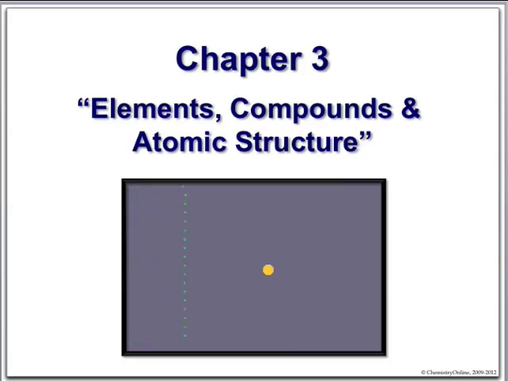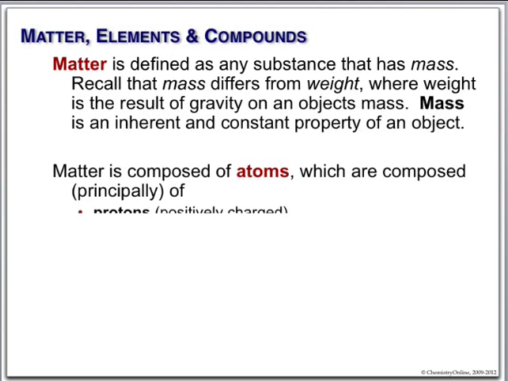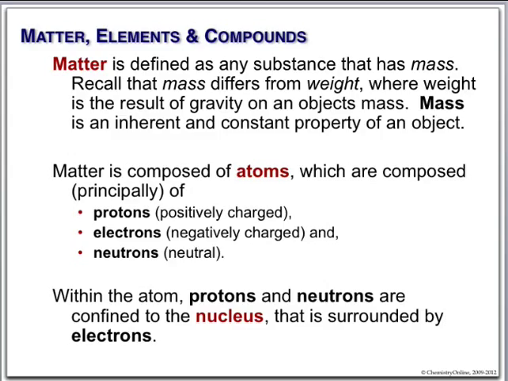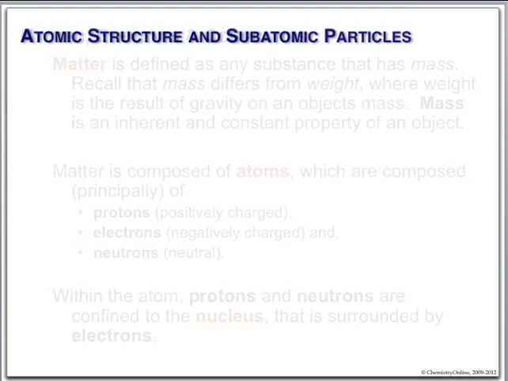All right, let's go ahead and get started. This, of course, always begins with a little bit of review. We've been talking about matter and atoms. Let's start off with the nucleus. We know we have protons and neutrons in the nucleus. Protons are positively charged, neutrons are neutral, and electrons are negatively charged, and they live in the region surrounding the nucleus.